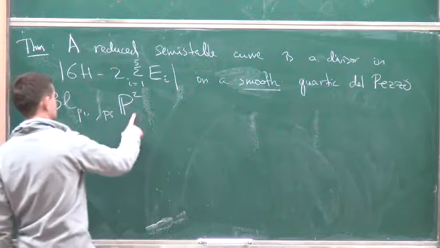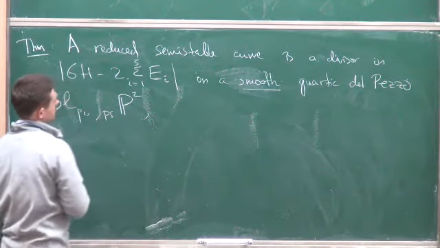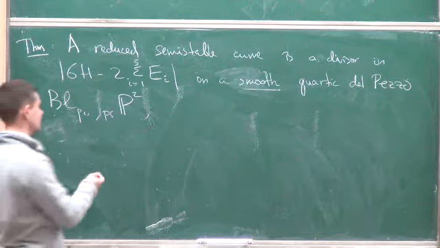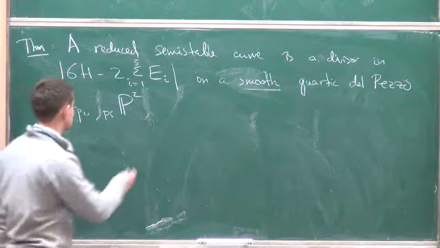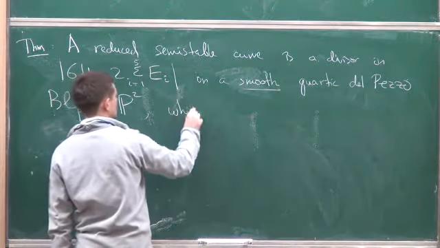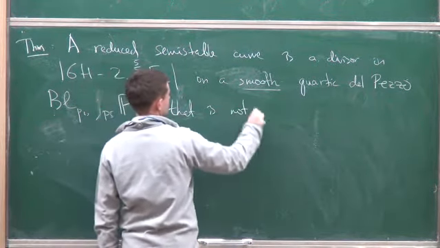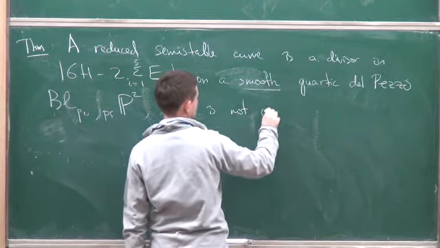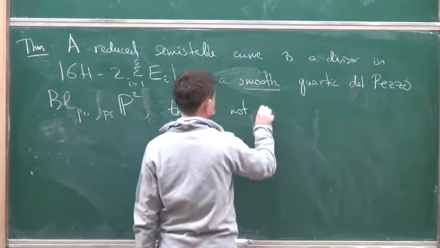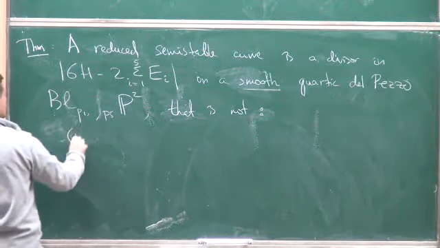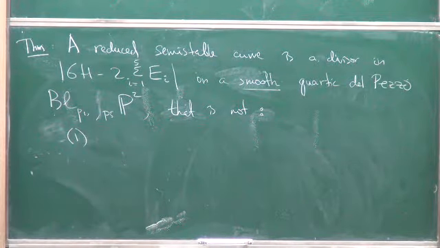and now, well, not all divisors in this linear system will be semi-stable, and I have to tell you which ones are not, that is, not of the following forms. And then we have to describe unstable divisors in this linear system.